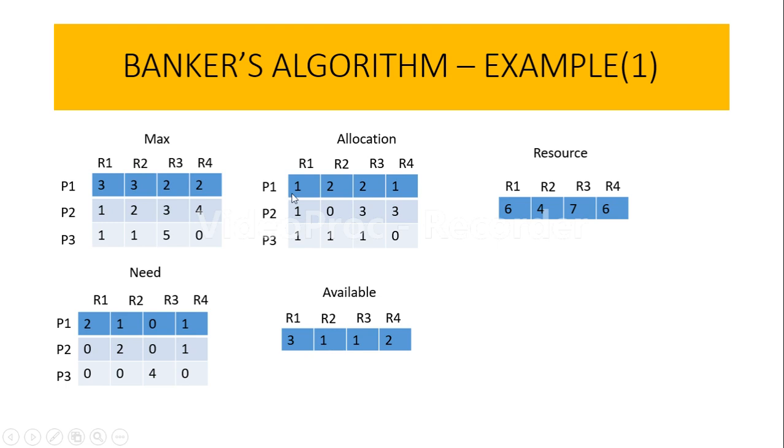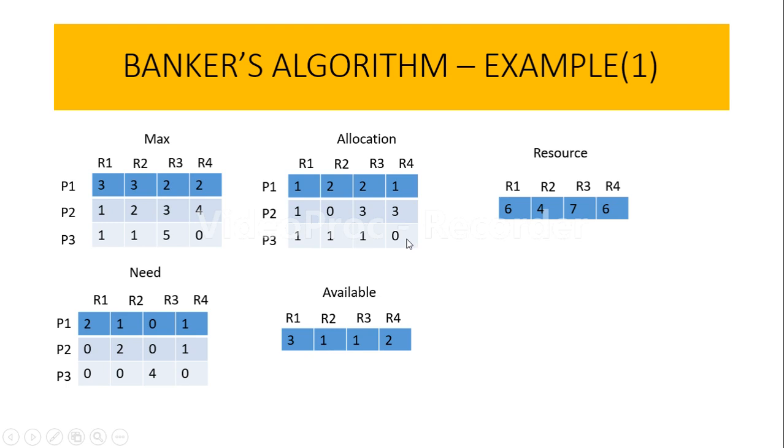Similarly, P2 is using 1 instance of R1, it is not at all using resource R2, and R3 and R4 each are 3 instances. And P3 is using 1 resource of each R1, R2 and R3, whereas it is not using any kind of R4 resource.